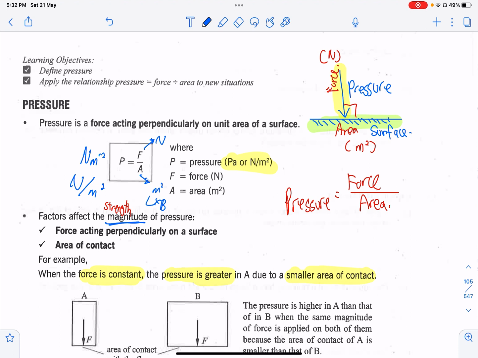When the force increases and the area remains the same, this will result in the pressure increasing, because the numerator increases.